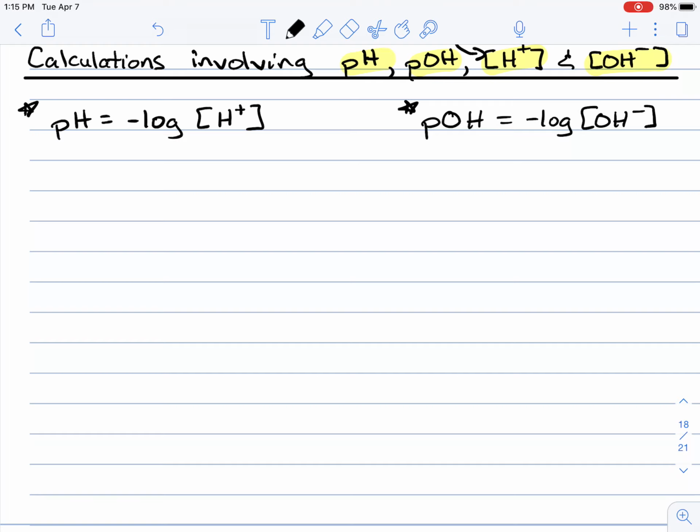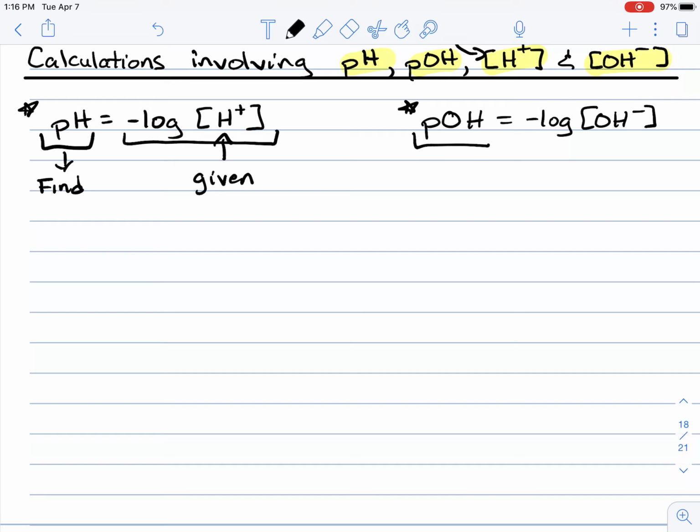Reading from left to right, if we want to find the pH, we take the negative log of the concentration of hydrogen ion, implying that this value is provided to us one way or another.